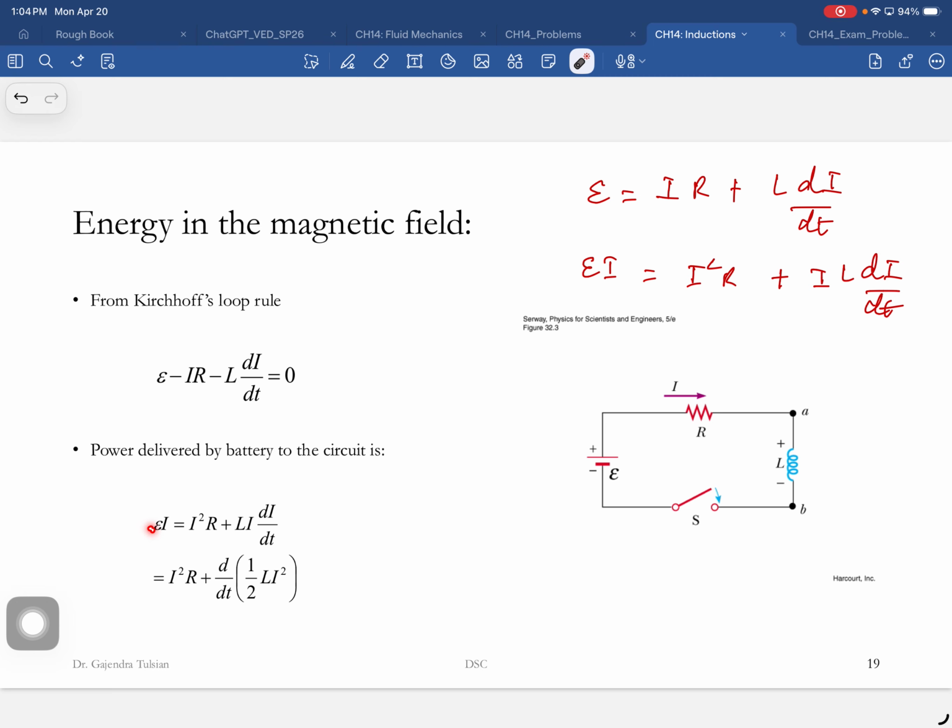Okay, so the rate at which power is delivered, this is the rate at which power is dissipated in the load, and this is the rate at which energy is being stored in this device. Okay, so earnings, the rate at which you're earning is the rate at which you're spending plus the rate of your savings.